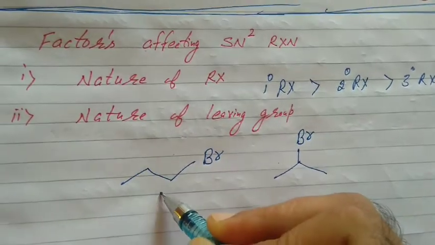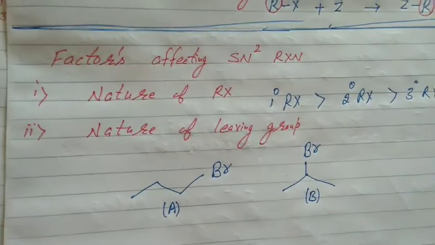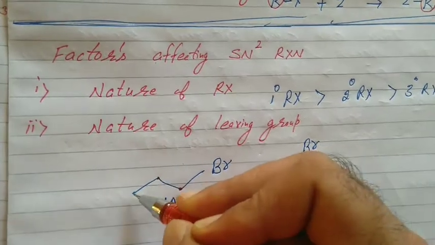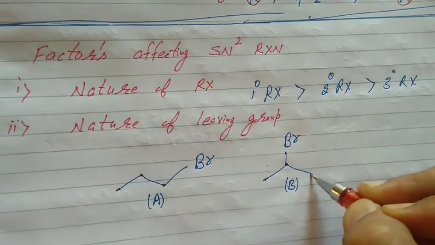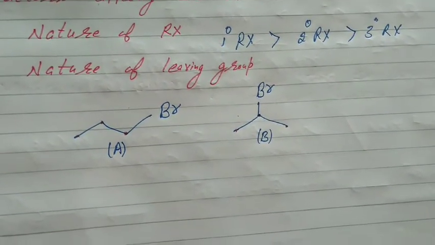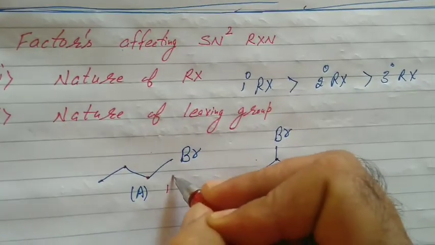RX, A, B. A is 1-bromopropane and B is 2-bromopropane. Students, which is more reactive towards SN2 reaction, A or B? Please check the nature of haloalkane. A, it is a primary haloalkane.